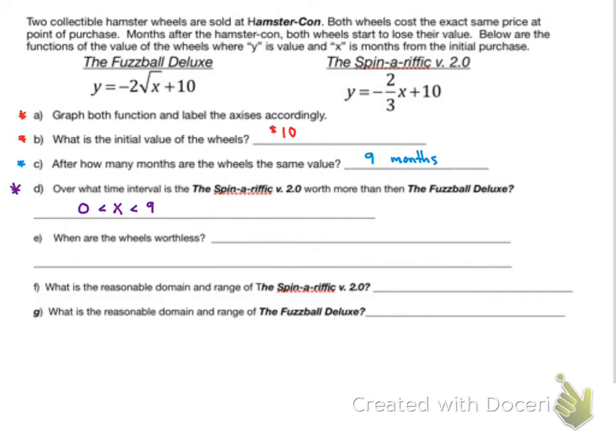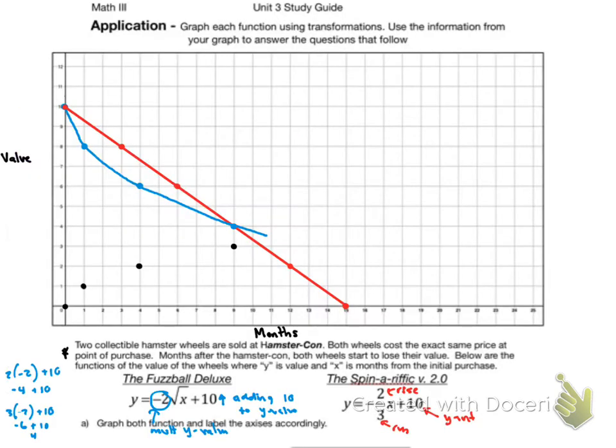Next question says, when are these wheels worthless? So when are the wheels worthless? If we go here, we're going to have to find the value where they're equal to 0. Let's see, where did they equal 0? So for the spinorific, we can kind of get that right off the bat. Where does it equal 0, after how many months? Is this 15?